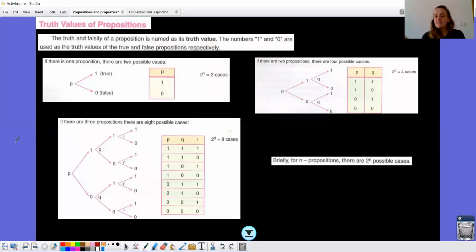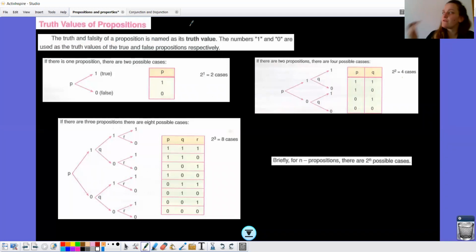Now here in the lesson of logic, we'll talk about the truth values of propositions. If we understood what a proposition means, now we'll have truth values of propositions. So what does truth value of a proposition mean? The truth or falsity of a proposition is named its truth value.